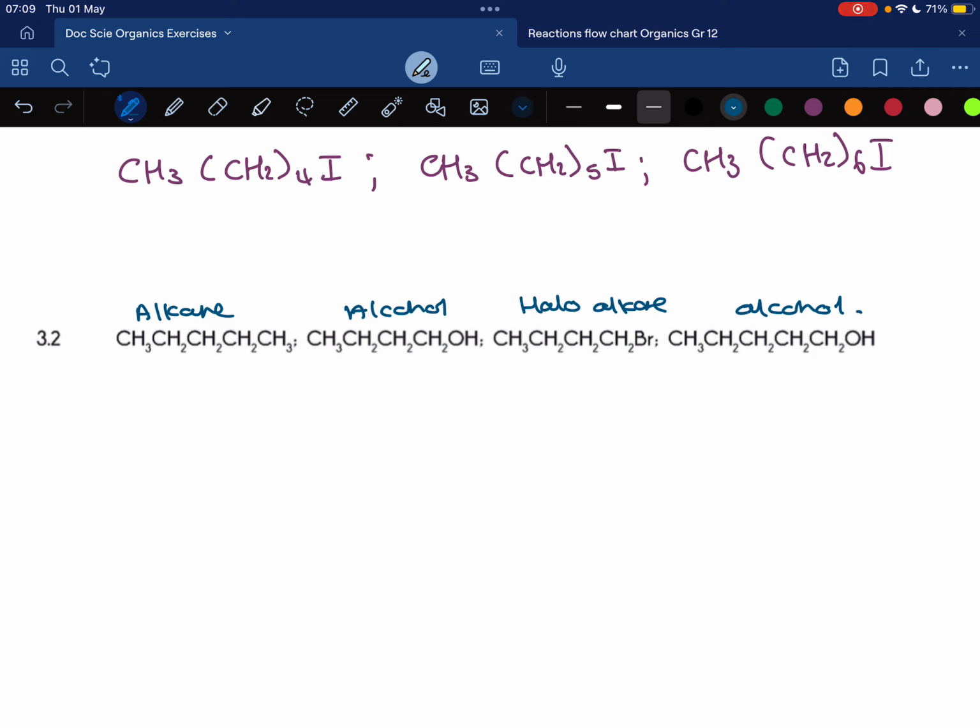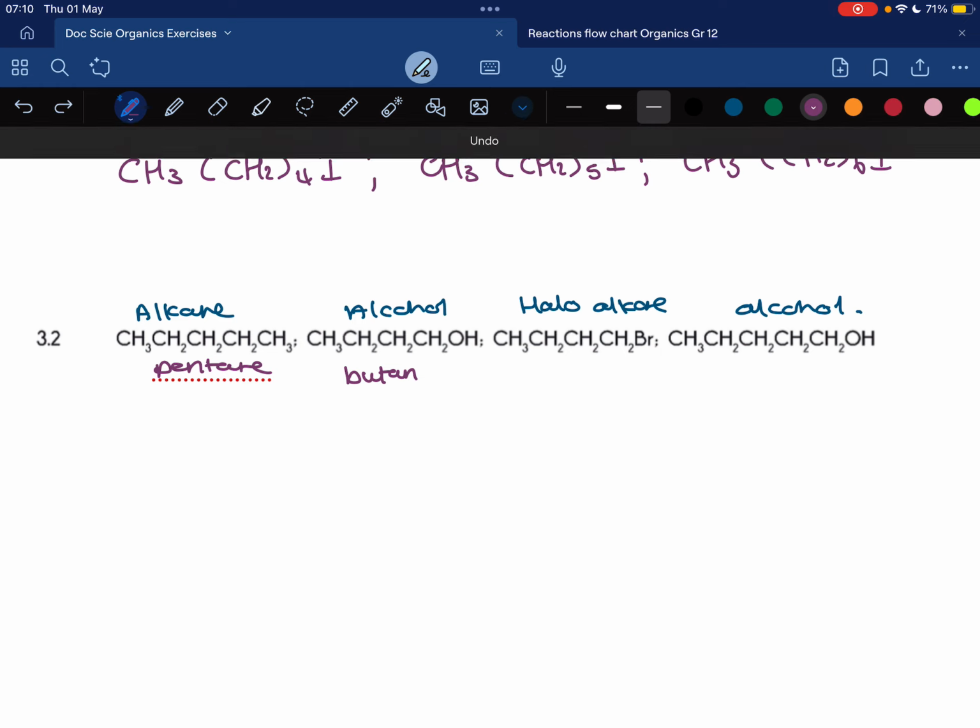Okay, so I can see that this one here is pentane. Then I can see the alcohol is 1, 2, 3, 4, so it's going to be butan-1-ol.